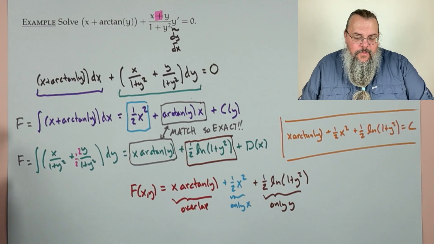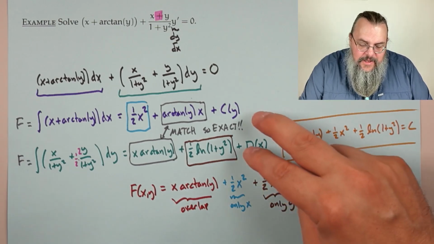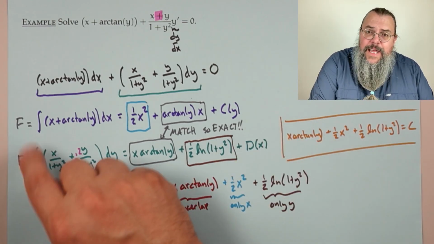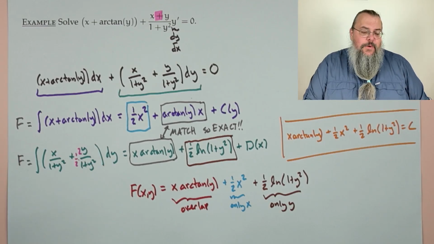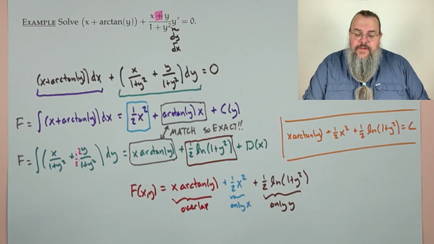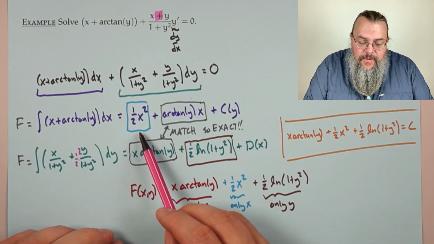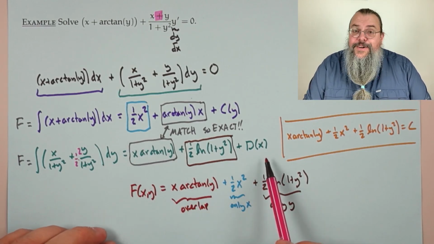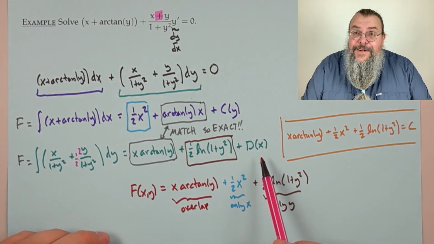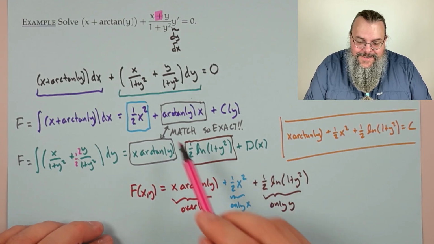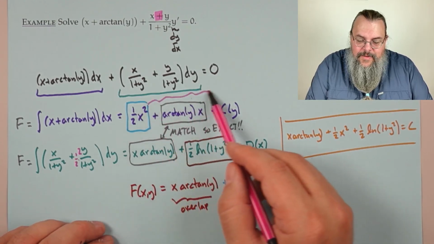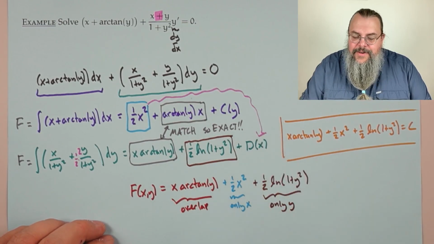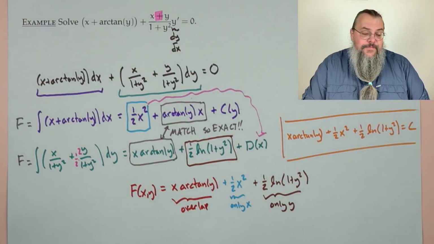Now, before we leave, I do want to point out something. You might say, why is it that they look a little different here? Because the claim is they're both f, right? Well, the reason that they might look a little different is you say, well, where is this 1/2 x squared down here? It is there. Do you see where? It's right there in the d of x term.